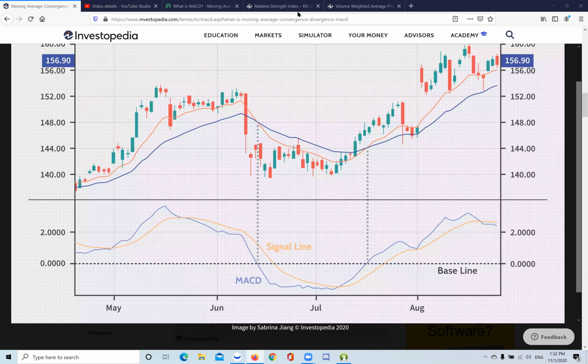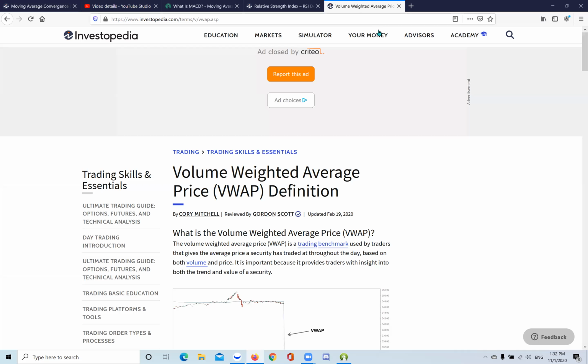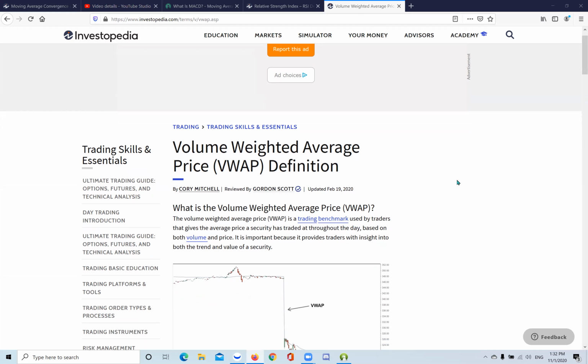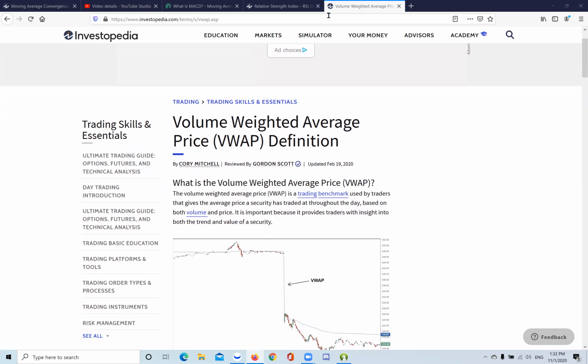Okay, and I have another one, which is VWAP. Lots of traders use VWAP as an indicator. Volume. Let me see whether this is in. Yes, it is in.